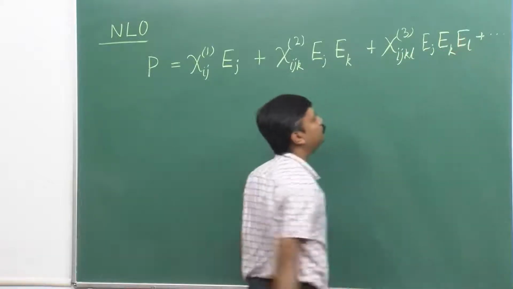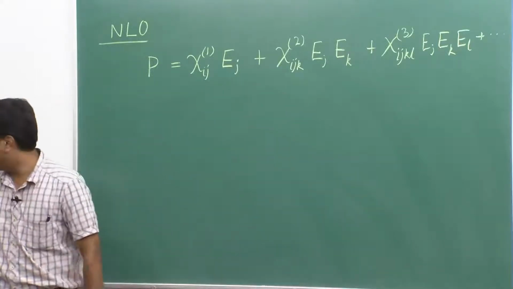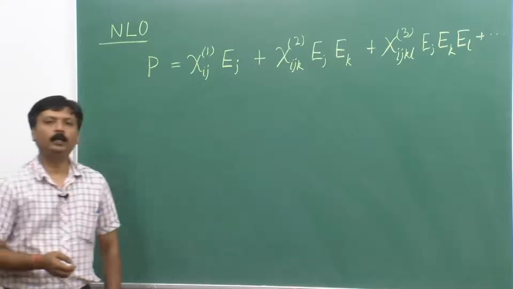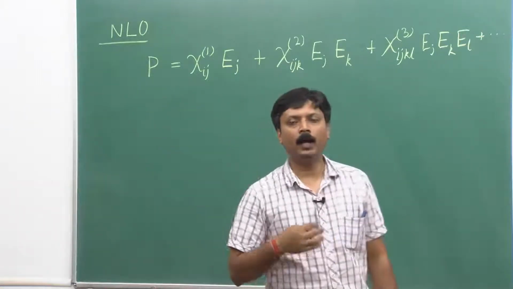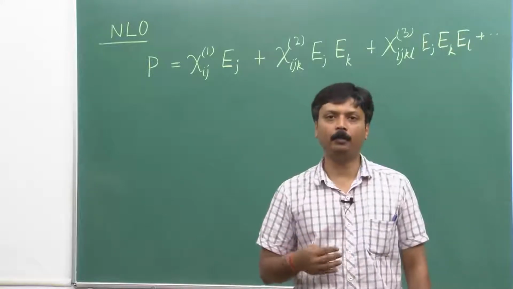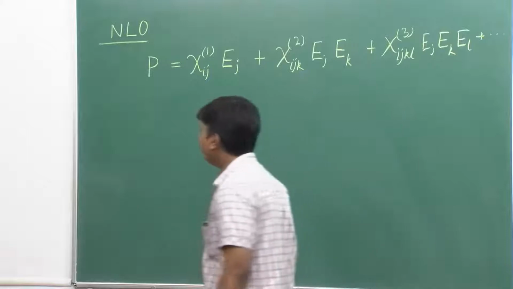And so on. So this far we have learned, and we also saw a couple of examples where nonlinearity in the optical properties is apparent, taking an example of absorption and refractive index.